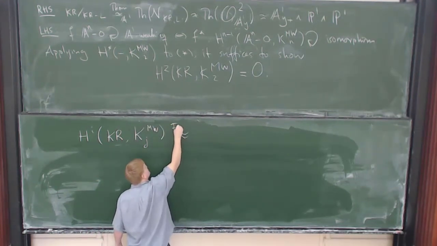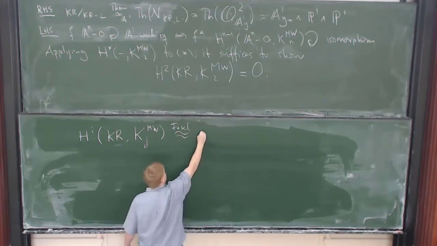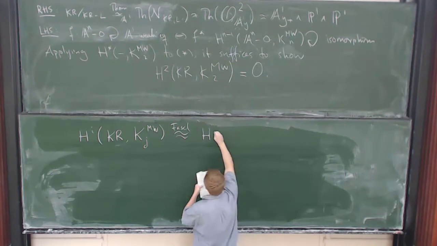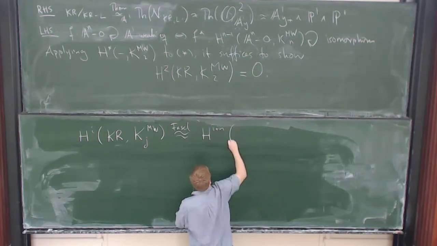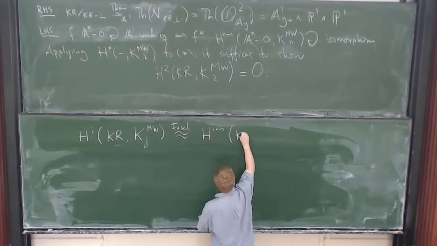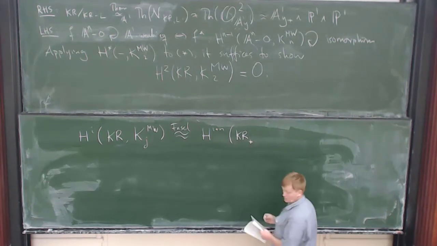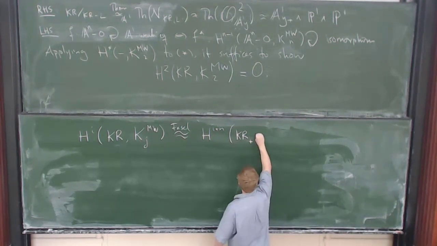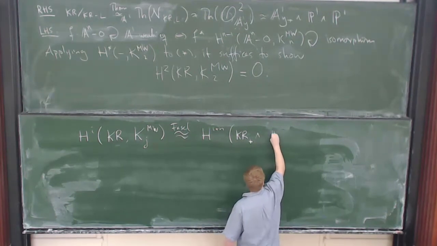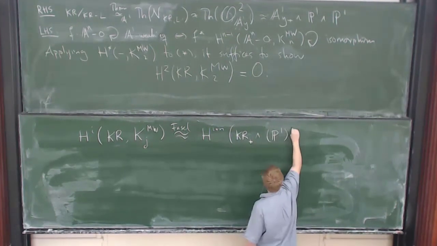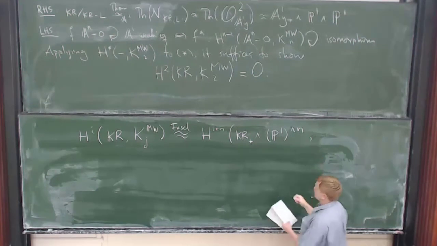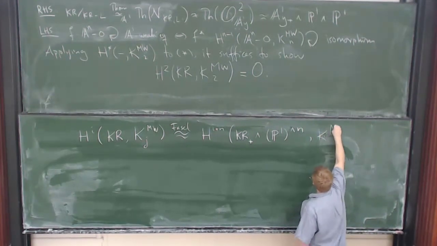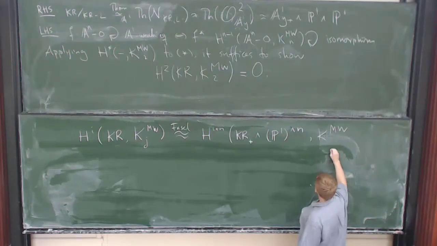This is an isomorphism due to Fasel, identifying this with H^(i+n) of K_r, now we added an extra base point, smashed with P1 n times, and we're taking coefficients now in K MW of j plus n.